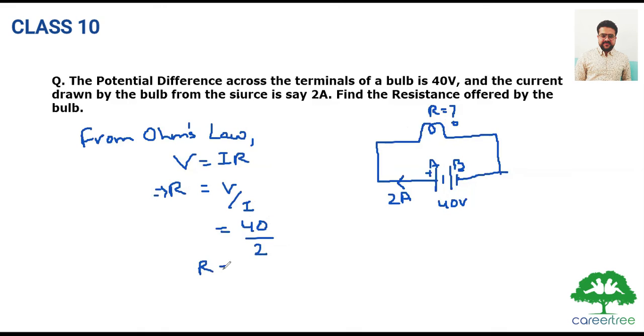This means the resistance offered by the bulb is 20 ohms. So this is how you can calculate resistance using Ohm's law. In a question, you can be given any two of the variables and you would have to find the third variable. Then we can go ahead and use Ohm's law to identify it.